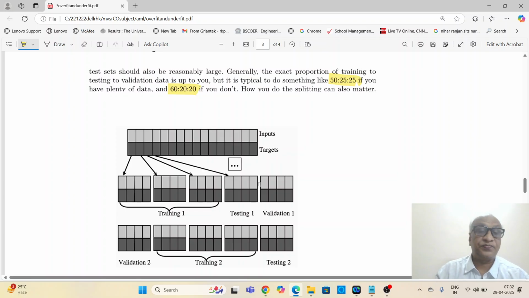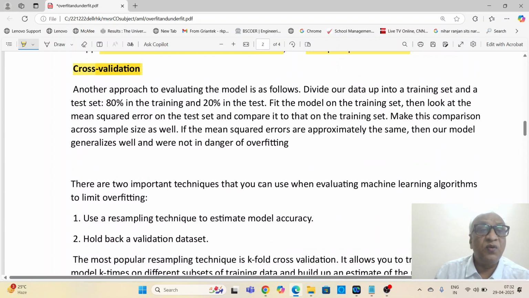Now, when we are speaking about cross validation, we are speaking about evaluating the machine learning model. For evaluating the model, your data set is divided into a training data set and a testing data set, maybe an 80-20 division. First we fit the model on the training set. Then we find the mean square error on the test data and compare it with that of the training data.